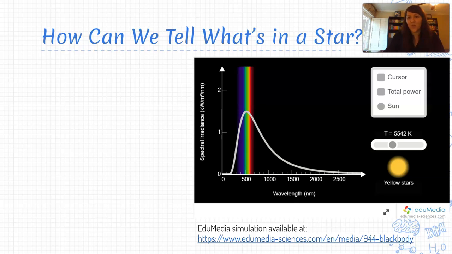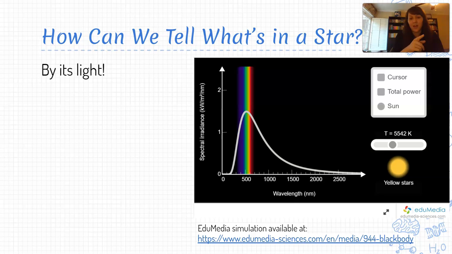Well, we really only have one thing to go off of when we study any star, and that's the light that it gives us. We can't really go to the star and collect a sample and analyze it. We just have the light to go off of. Now, in our previous lesson, we looked at these blackbody radiation curves, which show us the different wavelengths of light that are being emitted from a particular star.